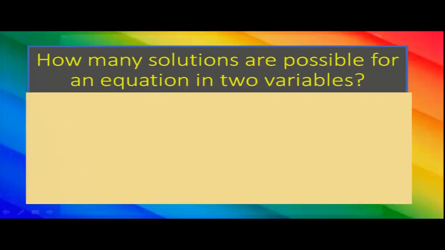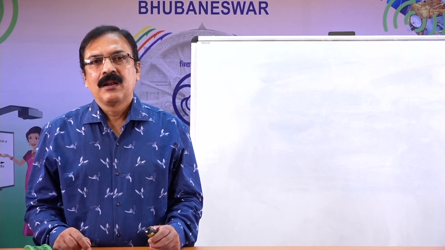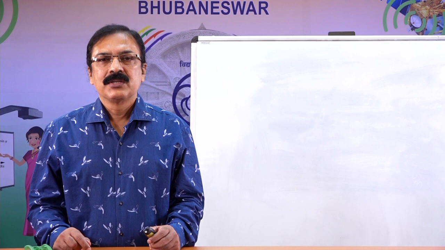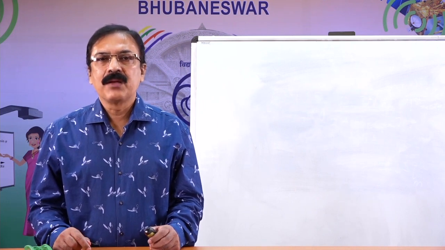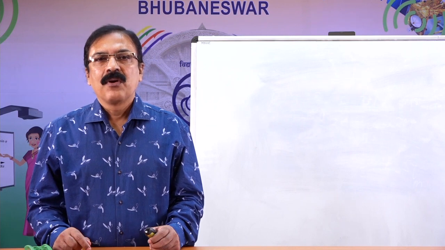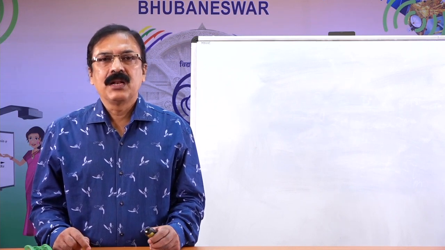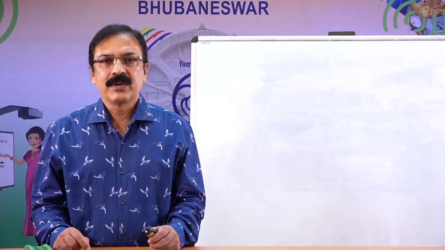Now, how many solutions are possible for an equation in two variables? As we know, the general form of the equation is ax plus by plus c is equal to 0, that is linear equation in two variables. So, let's see an example and a situation in which we will have to form an equation.